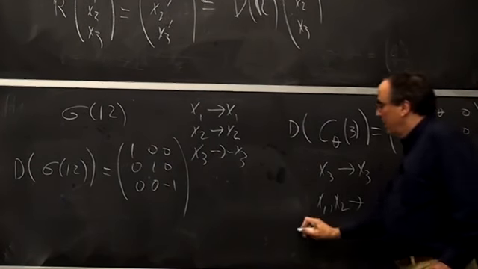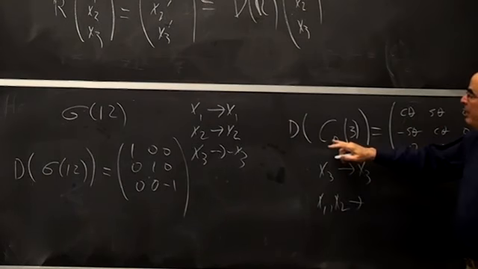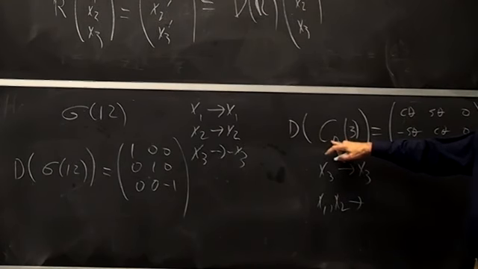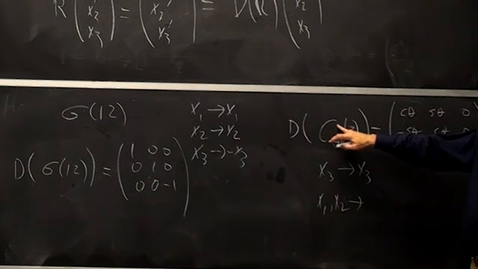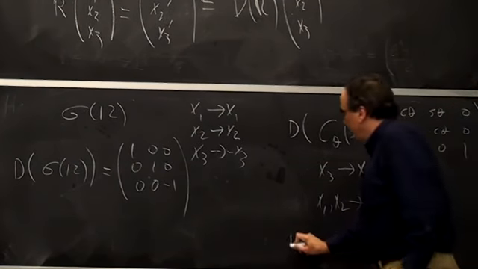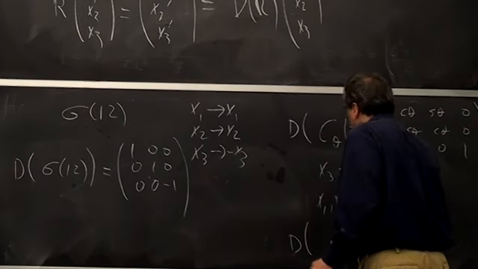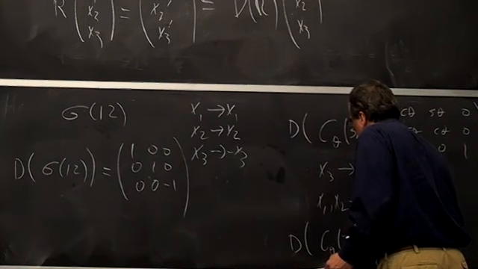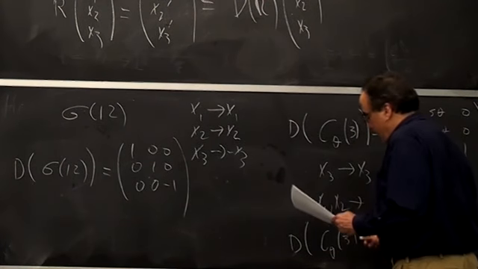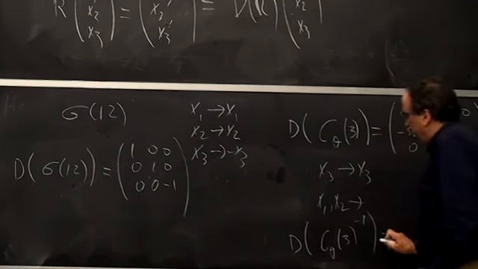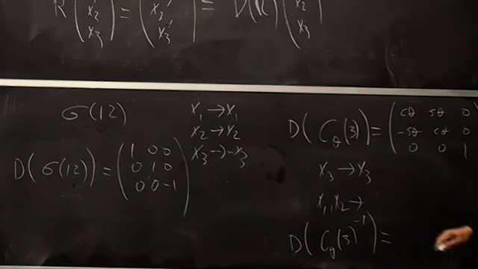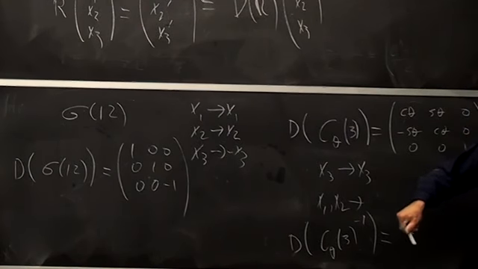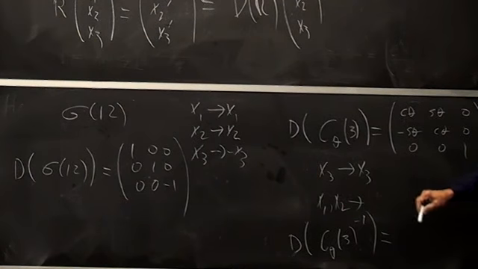Well, I said that you have to have an inverse of every operation. So what does the inverse of this look like? So what transformation would do that? So we have C theta 3 minus 1. What would that do? Instead of rotating by theta, we rotate by minus theta.